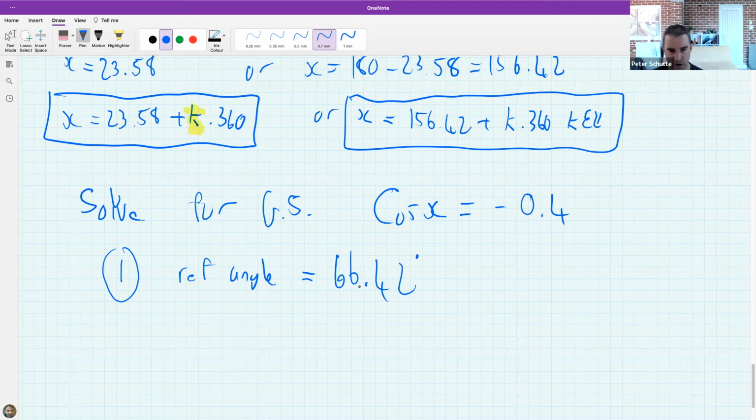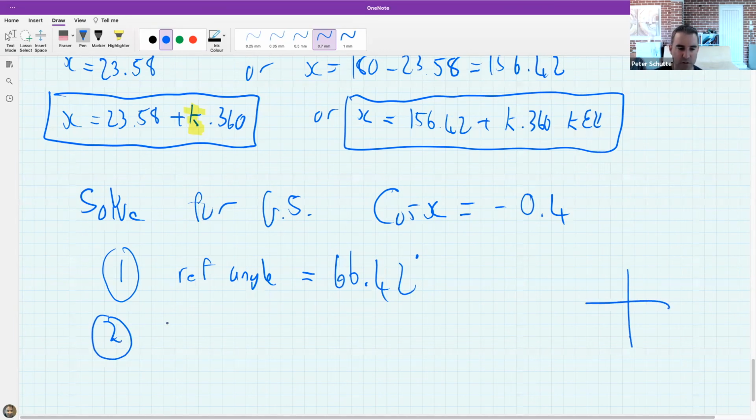Now, the second part of the question is where we figure out which quadrants we're working in. Sometimes I do a little drawing here and put a little label. I ask myself, where is cos negative? Which quadrants am I going to be in?